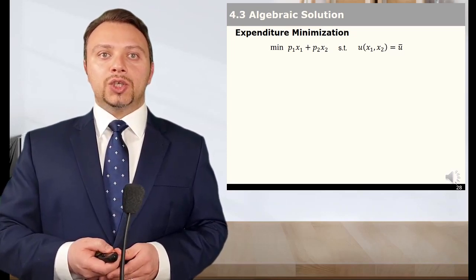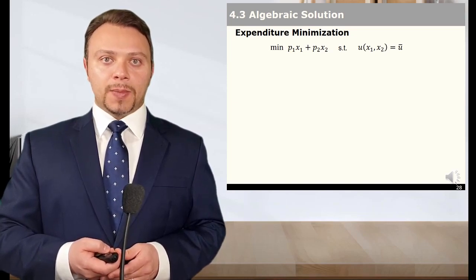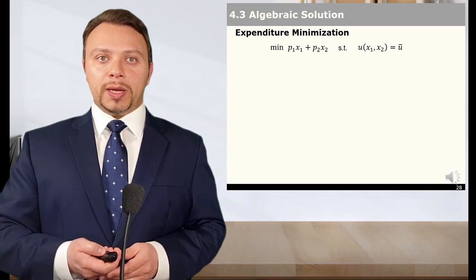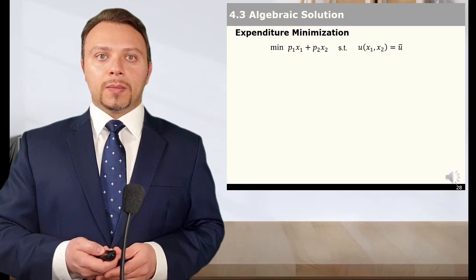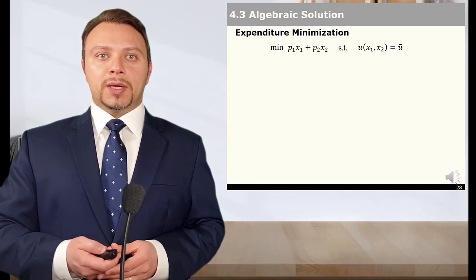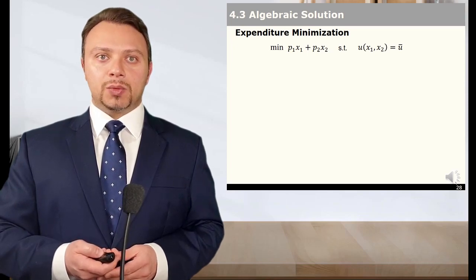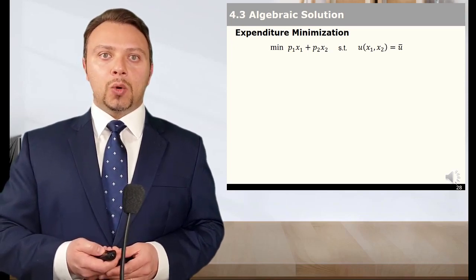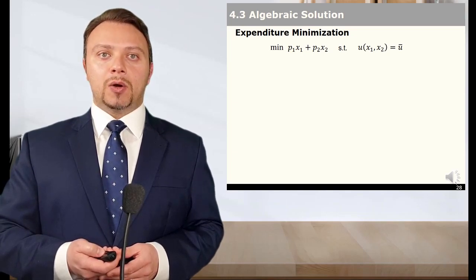Here we are changing the objective function to the expenditure function, and the constraint now is to achieve a certain fixed utility level u bar. We know that in the expenditure minimization problem, just as in the utility maximization problem, in the optimum our optimality condition must hold: MRS is equal to minus P1 over P2.